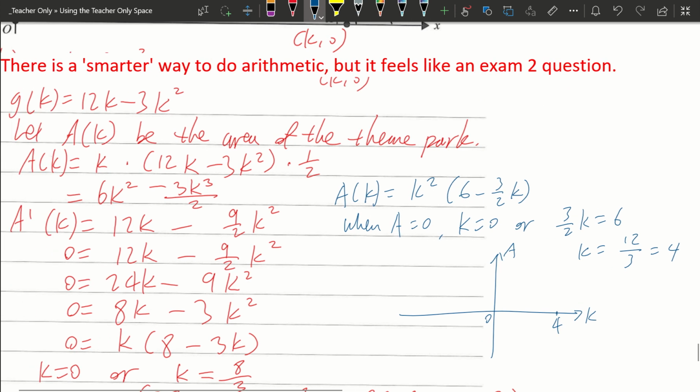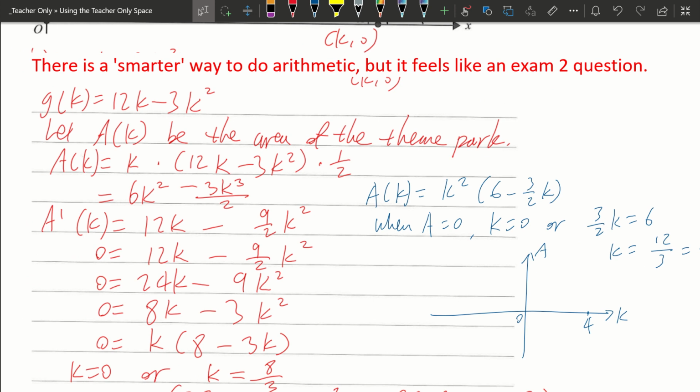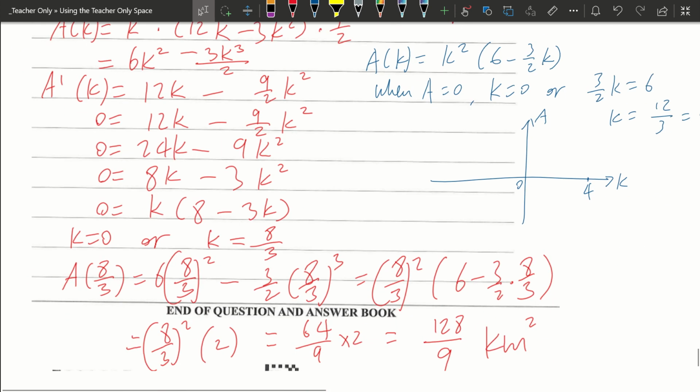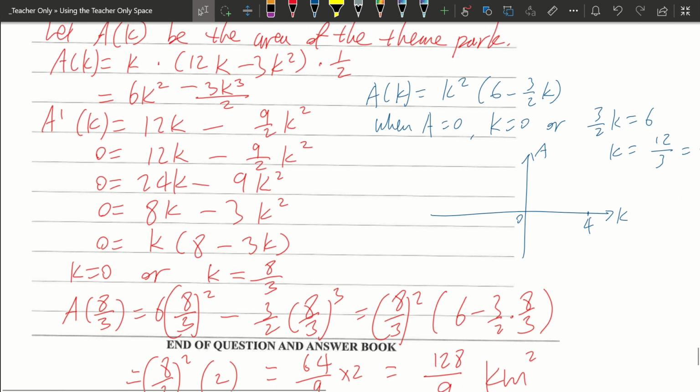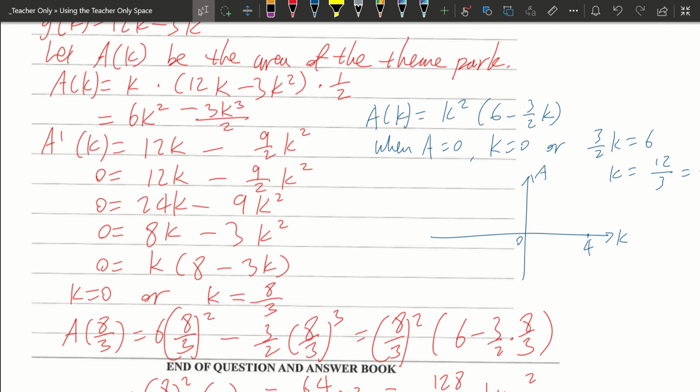And let me see. I am expecting a k equals 0 and that. And it's a cubic, so it's going to get more... No, sorry.